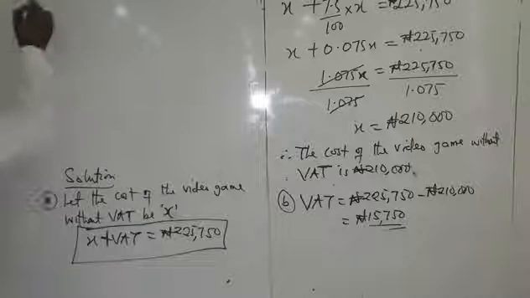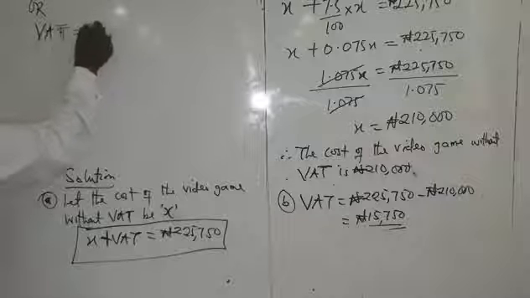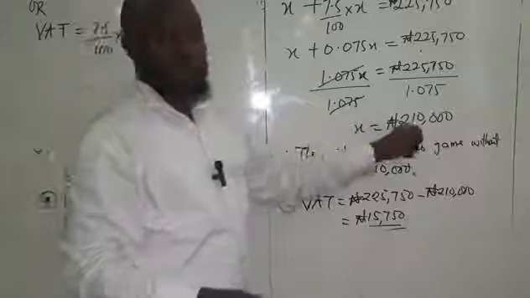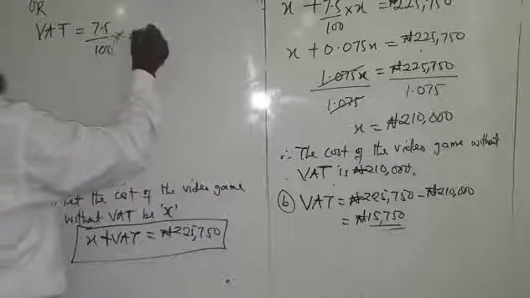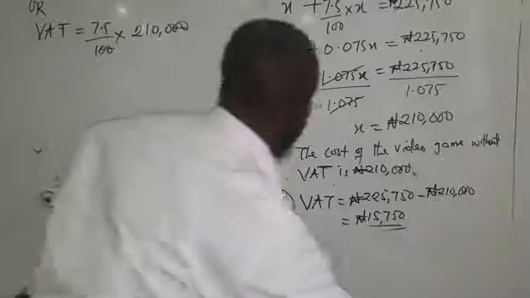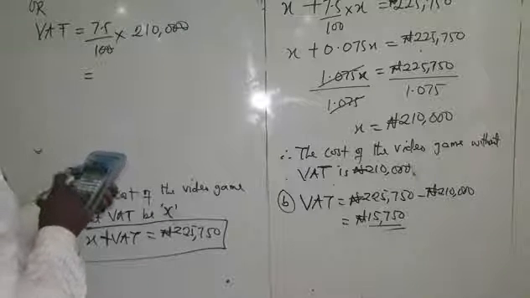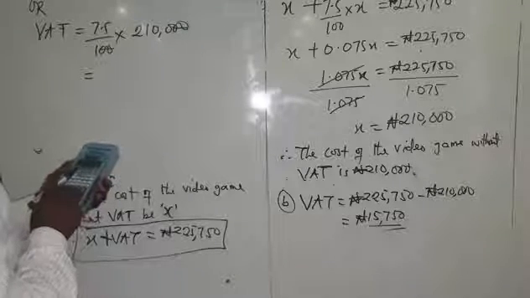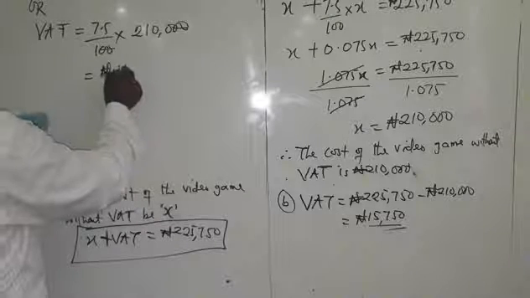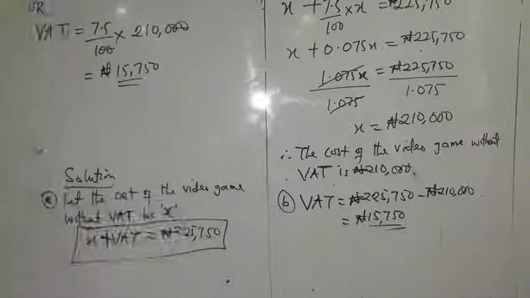Because VAT is 7.5% of the cost, which is 210,000. So let's multiply this and see what we're going to get. That is 7.5 times 2100, which gives us 15,750, the same thing as what we have here.